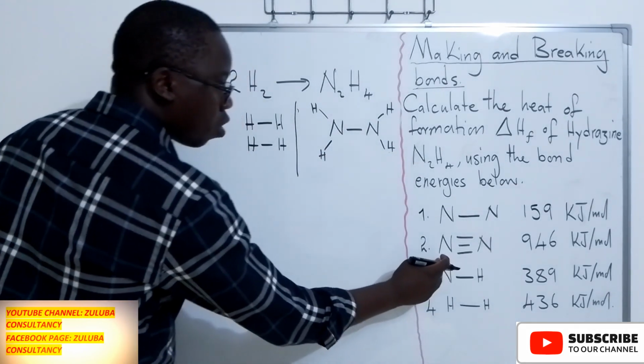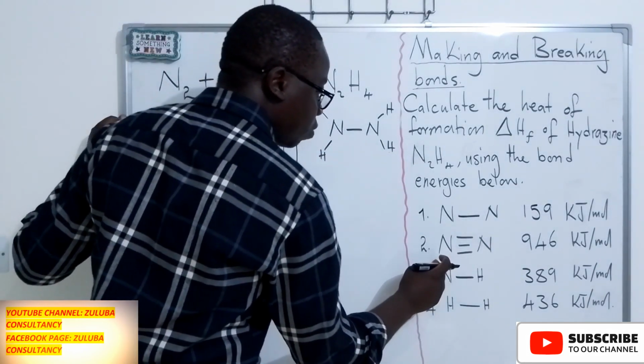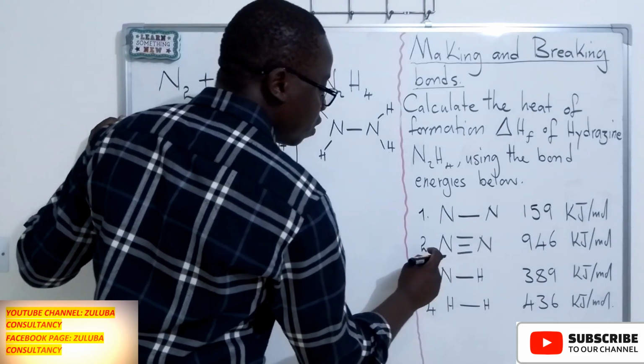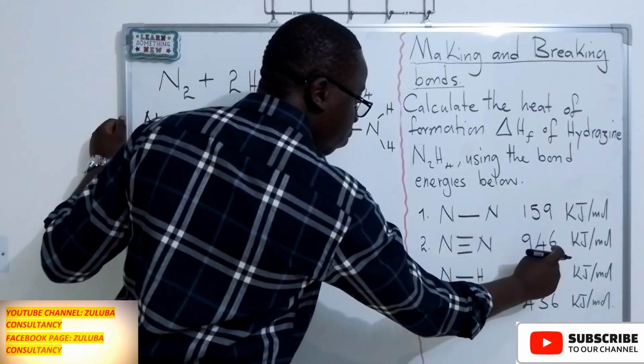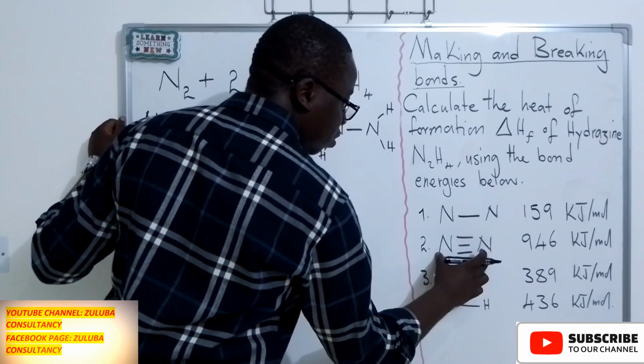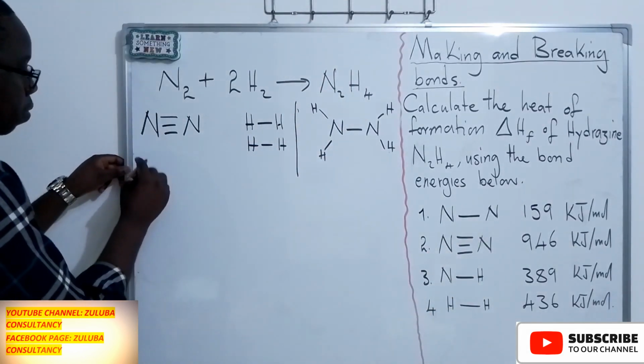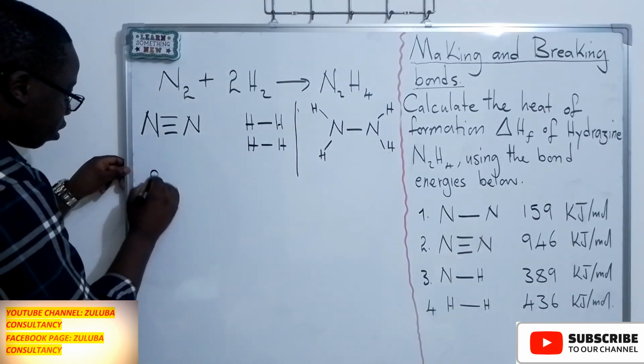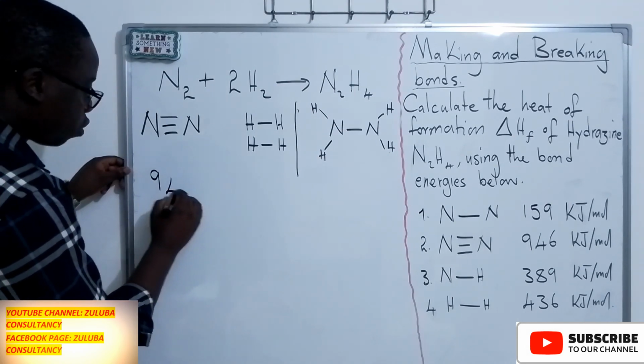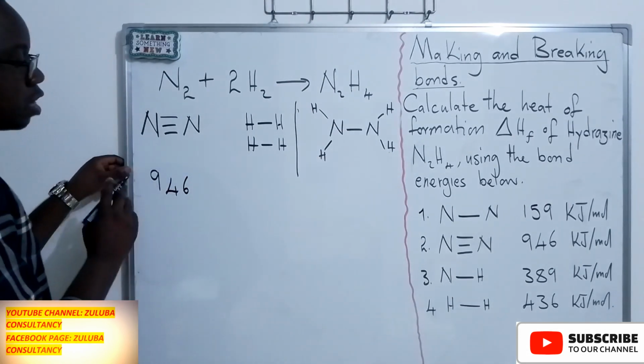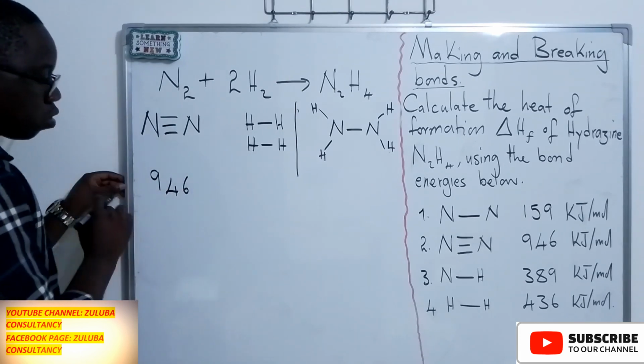On the table below, we have the energy that is needed to break these 3 bonds. So for nitrogen, we have 946 as the energy needed to break these bonds.